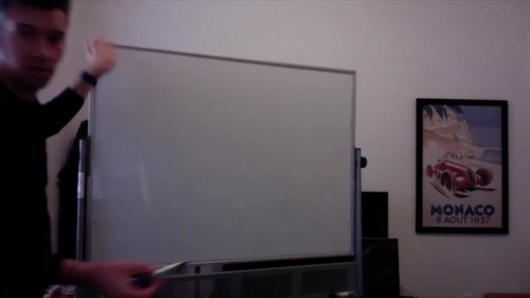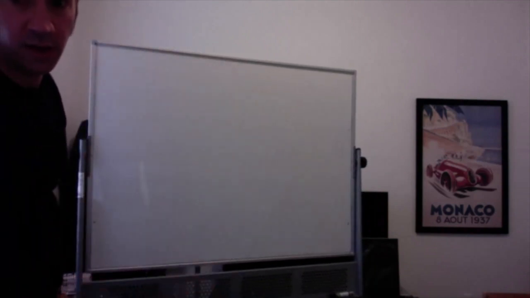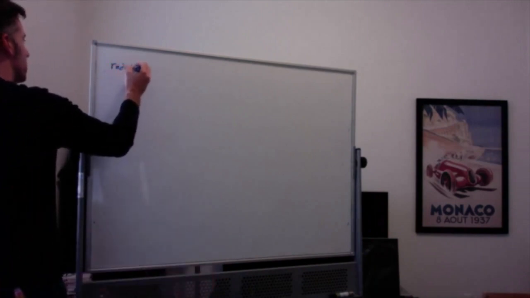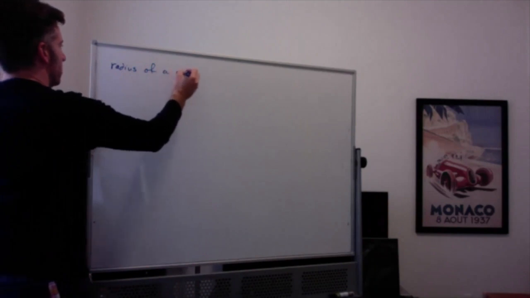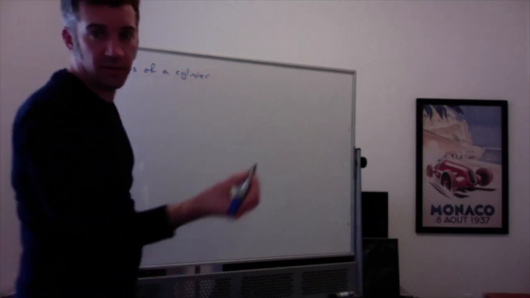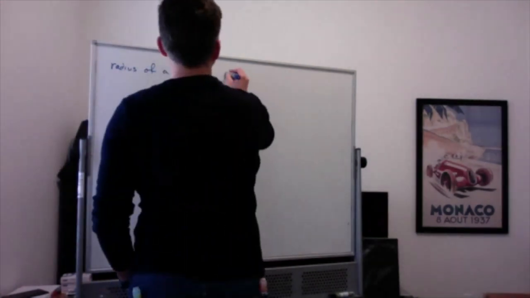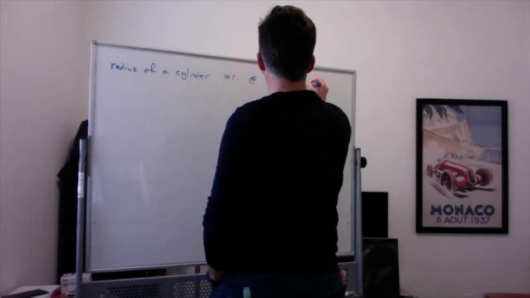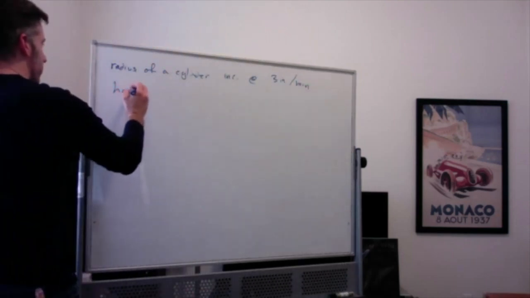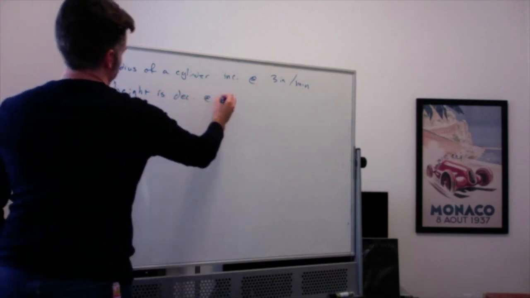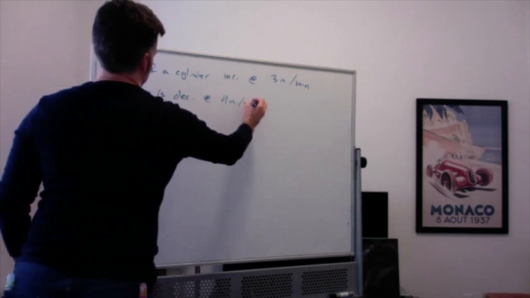So what I've got here. The radius of a cylinder is increasing at 3 inches per minute. And the height is decreasing at 4 inches per minute.